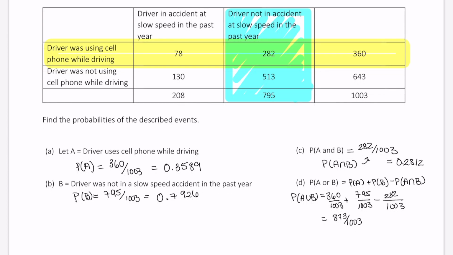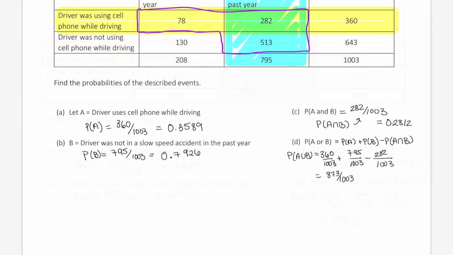So before I get you the decimal approximation, let's think of a more intuitive way to do this. If we're looking at or, we really want everything inside of this outline here. So we could have also done the probability of A or B is equal to 78 plus 282 plus 513 all over 1003.